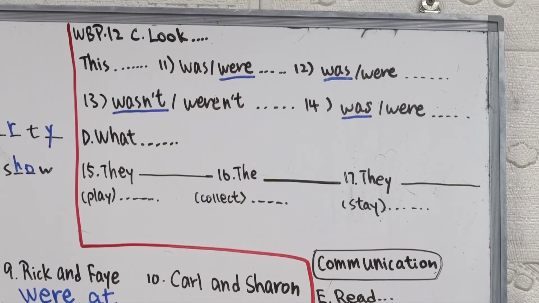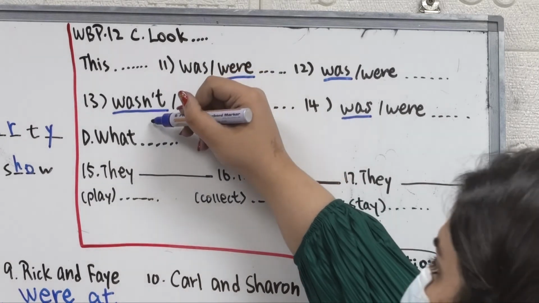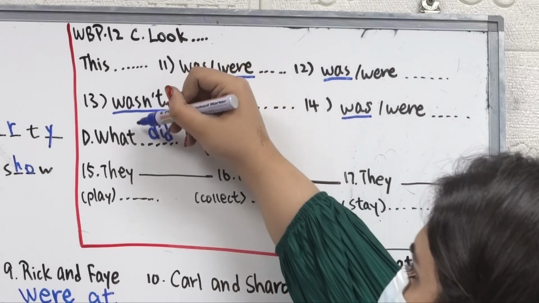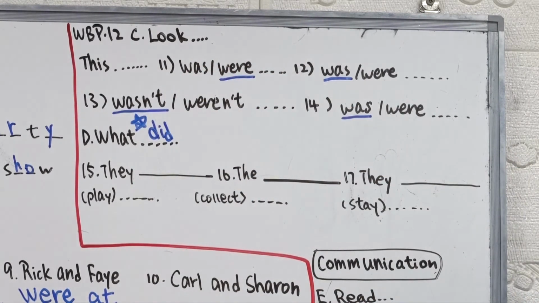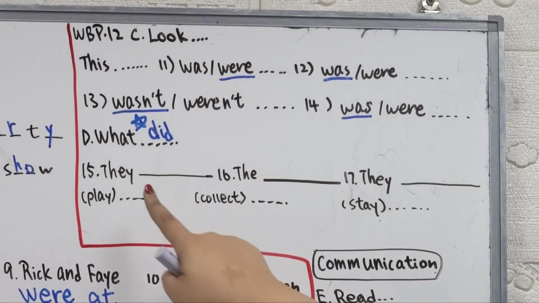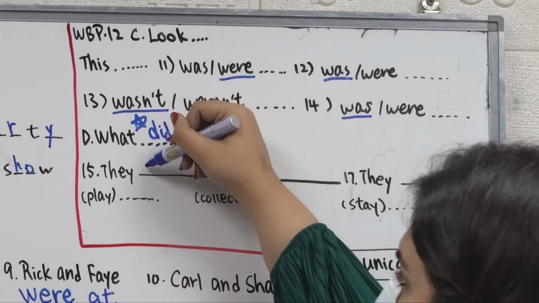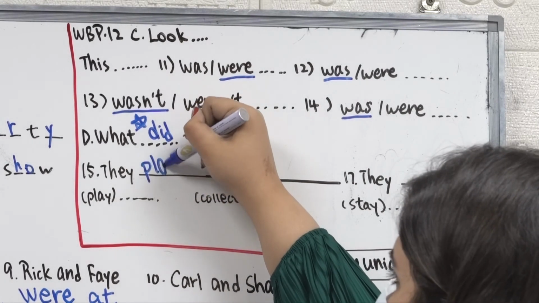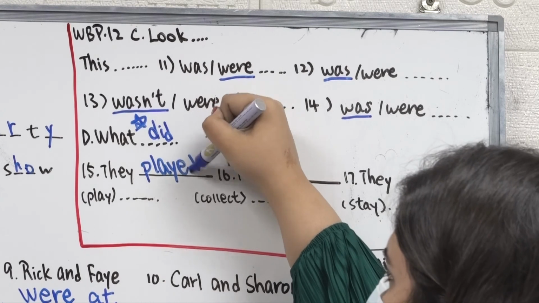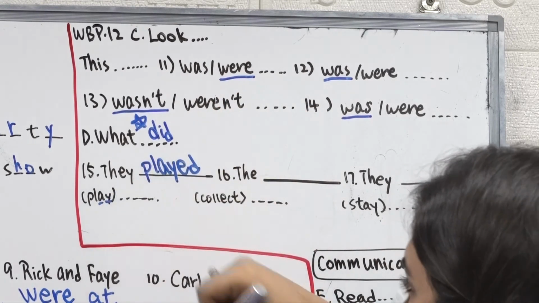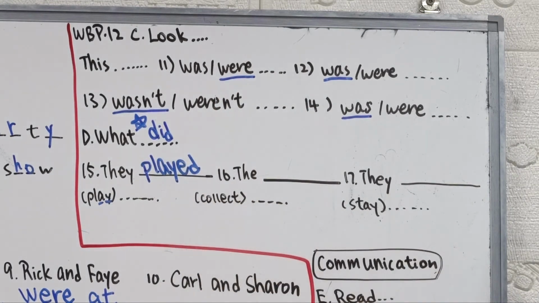Alright, D was what did Wendy and Manuel do, right? The word did tells you what tense we have to use. Past tense. So, they played on the beach. They played. Add ed, as I said, vowel and letter Y. Okay? That's why we add ed. Don't change it to IED. 16.